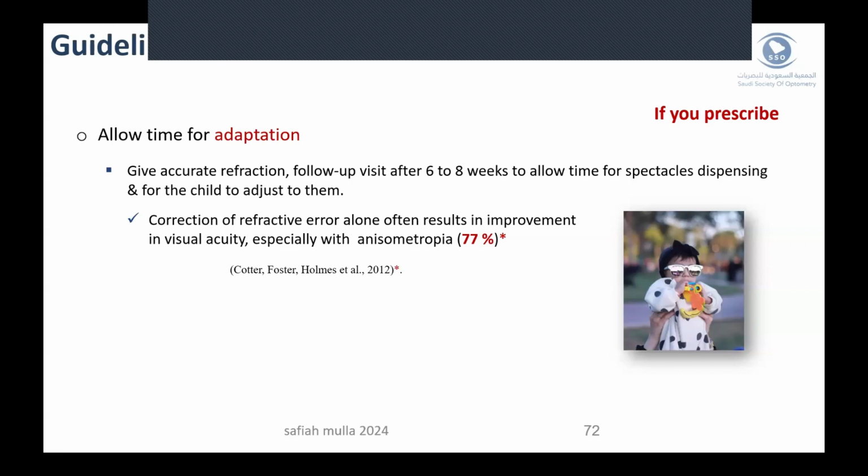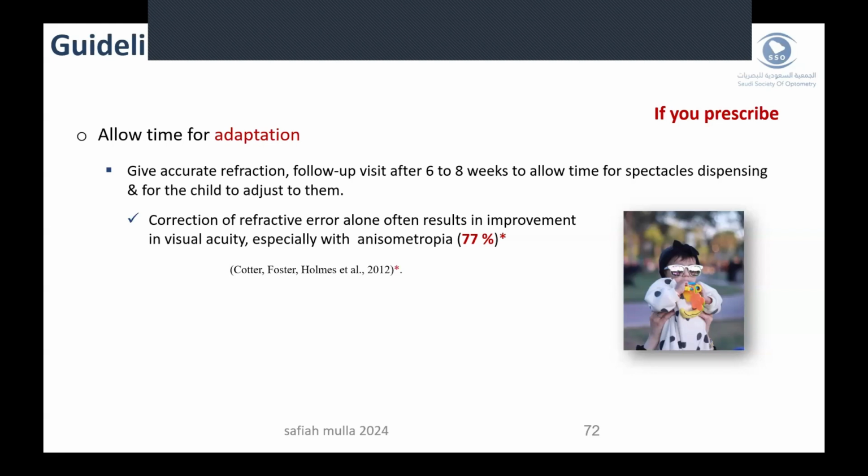77% of their refractive problems will be solved with the glasses only. So correction of refractive error alone often results in improvement in visual acuity, especially with anisometropia. So we have to give the child time to adapt to the glasses and see what the result is on the next visit. According to the result on the next visit, you're going to decide your plan of treatment.